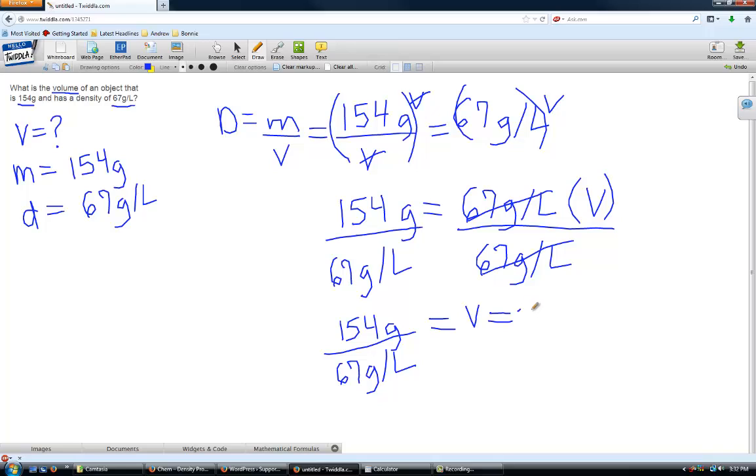Volume equals 2.30 approximately. And the units of the volume are going to be in liters because this was liters. So the answer to this question right here is volume equals 2.30 liters.